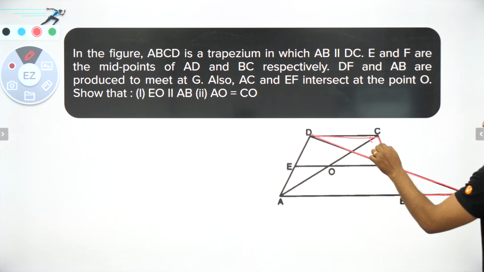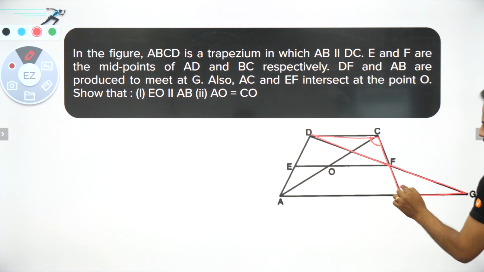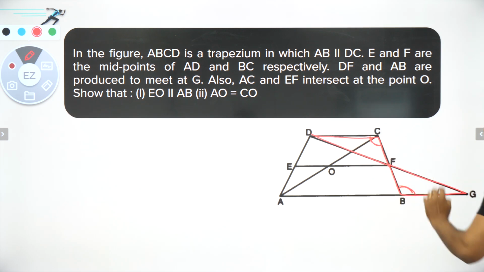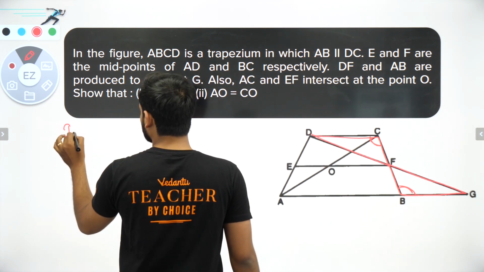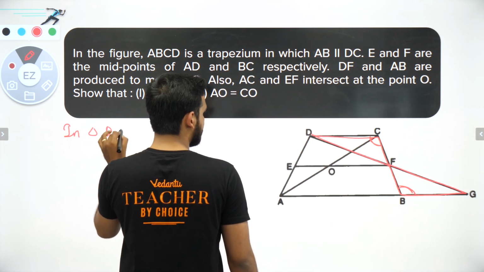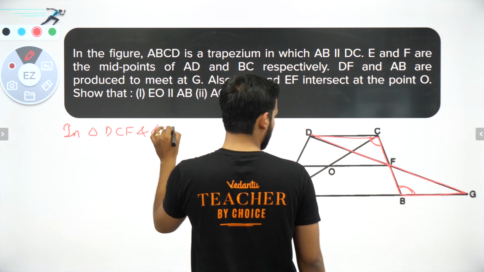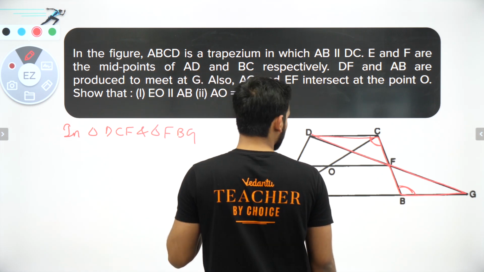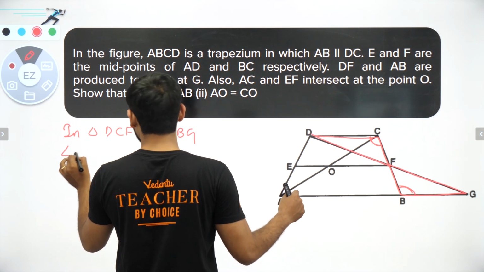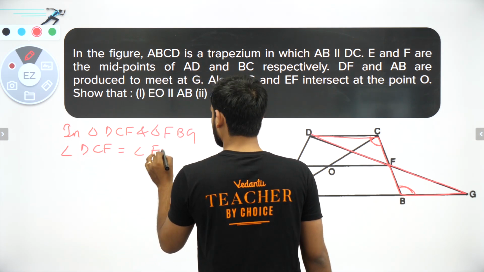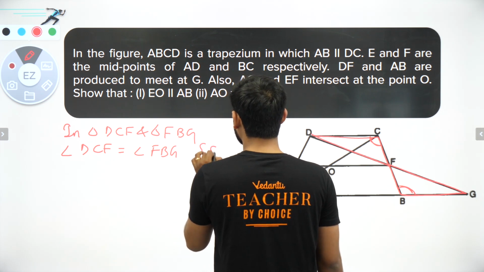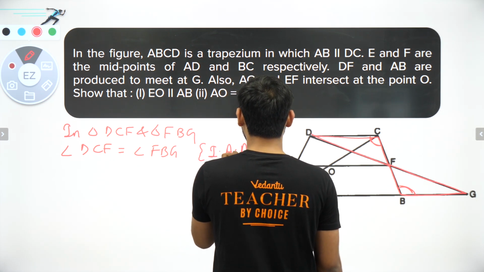First thing I can say is that this angle will be equal to this angle. Why? Because it is given both the sides are parallel. So in triangle DCF and triangle FBG, I can say one thing, that angle DCF is equal to angle FBG. Why? Because of interior alternate angle.